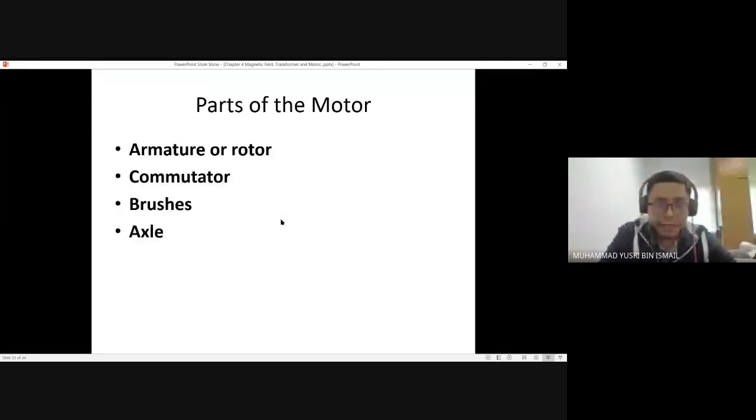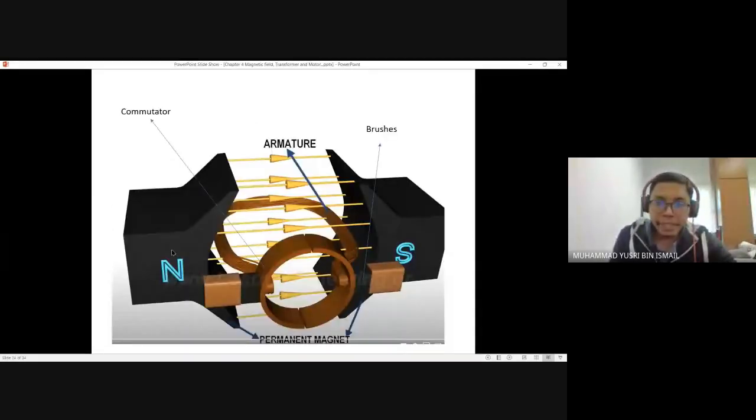Okay, this is the basic part of the electric motor. It must have an armature, and then commutator in order to rotate. Armature is simply the current flow of the coil. And then brushes. Brushes ni tujuan dia untuk pergerakan tu jadi lebih smooth.